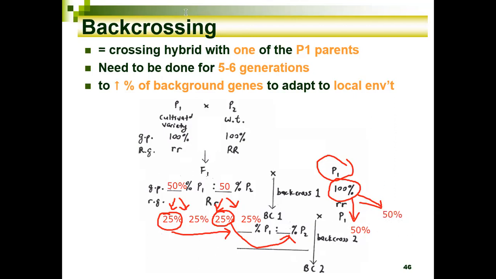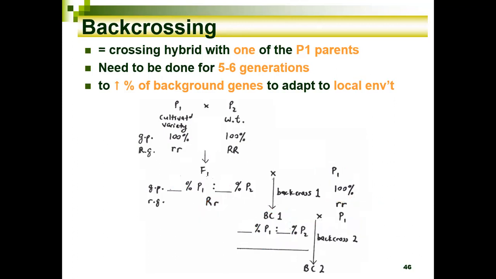So this 50% will come here, right? So therefore, total how many percent here? Plus? 75%. And then how many percent P2? 25%. Correct?